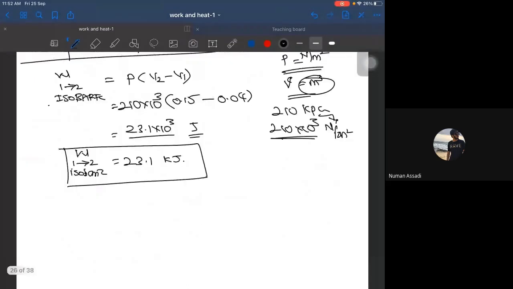Just check. Is the value correct? Okay. Shall we move on to case 2 now?